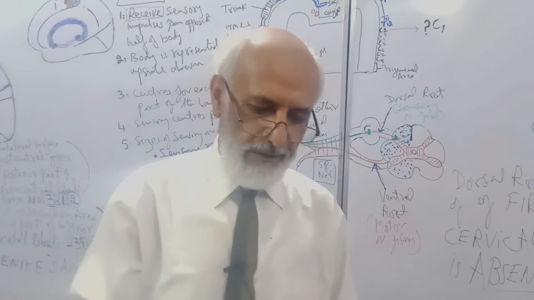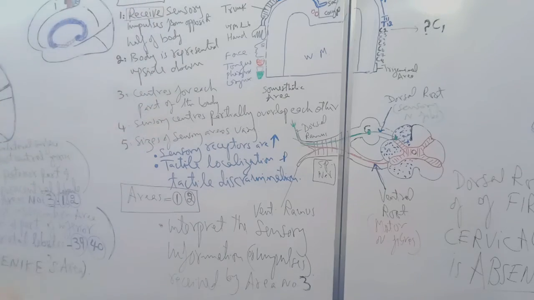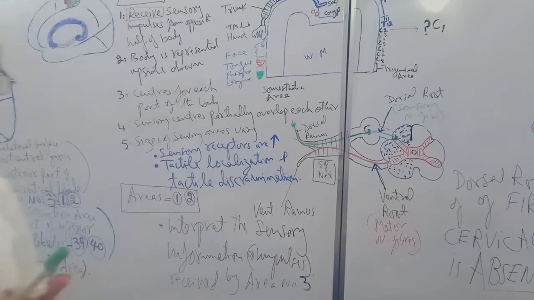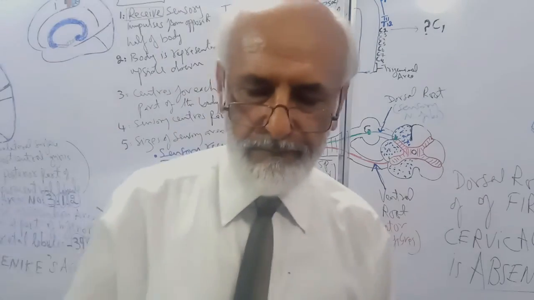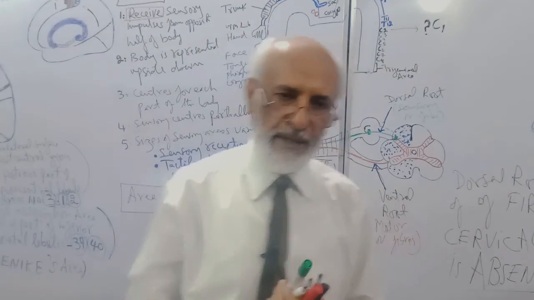So this is the function of Brodmann cortical area number 3. It just receives sensory information from the opposite half of the body, and areas 1 and 2 further determine the details of the sensation received by area number 3.